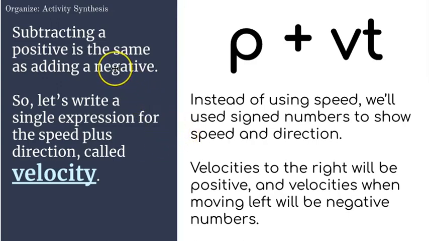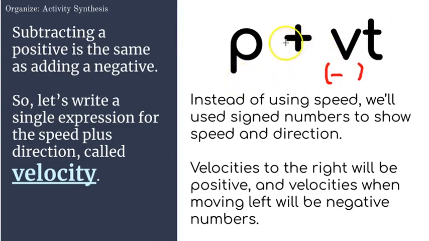So subtracting a positive is the same as adding a negative. So we could write a single expression for all of these as just position plus whatever the velocity times time is. And that velocity, remember, in some of those was negative because it was moving to the left.